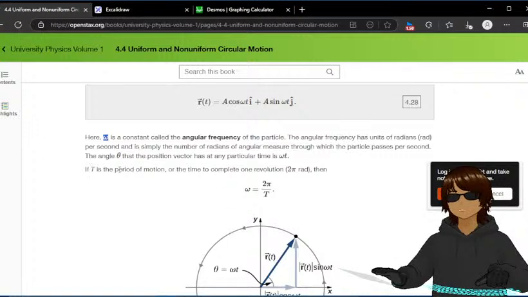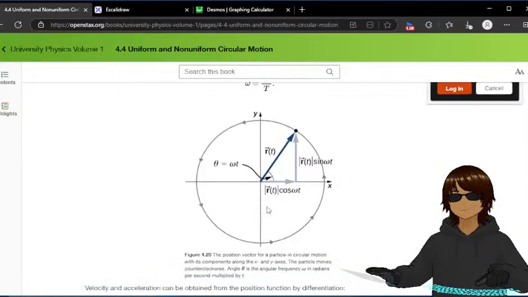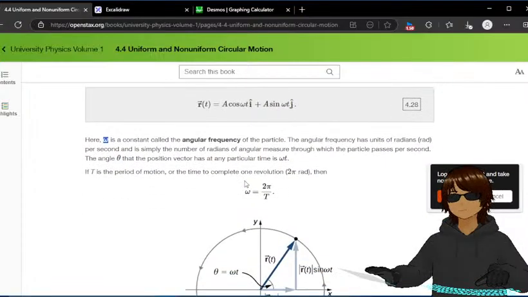If T is the period of motion, or the time to complete one revolution, 2 pi, then omega, the angular frequency, is 2 pi over T. So omega times t together gives the radians.